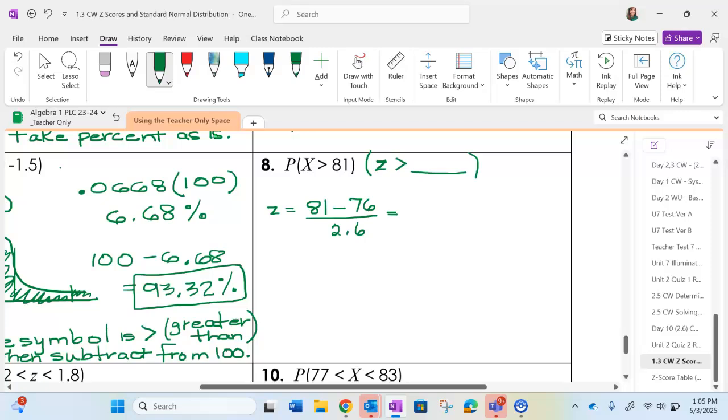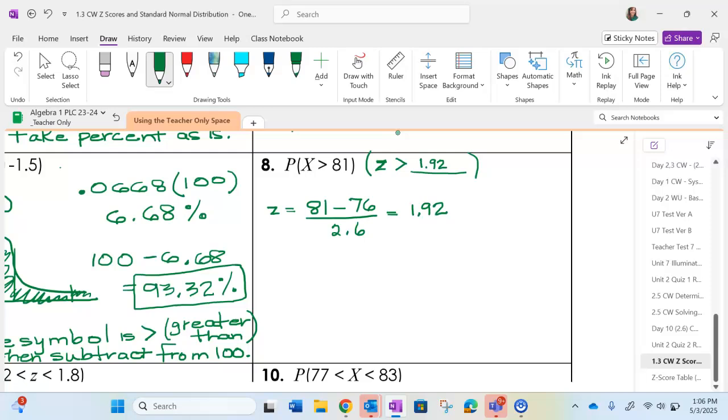So 81 minus 76 divided by 2.6 is 1.92, which is perfect. We round to 2 decimal places because remember we need the 1.9 for the row and the 2 for the column.